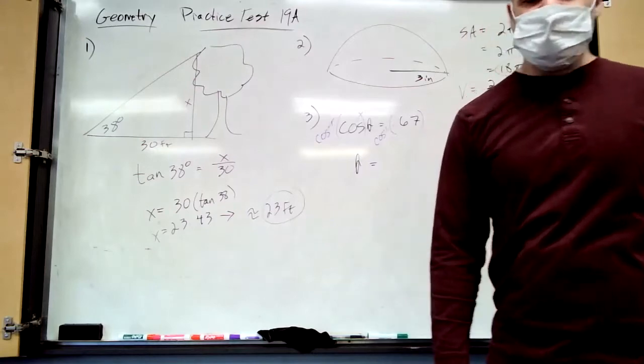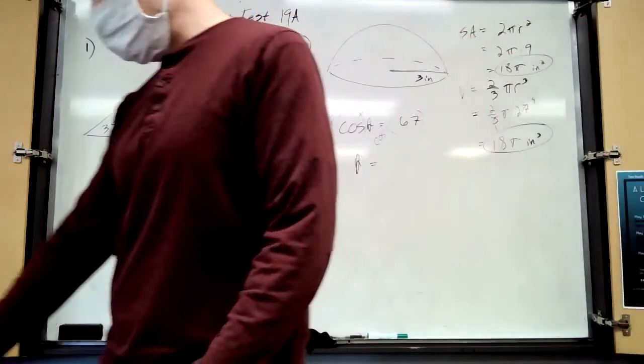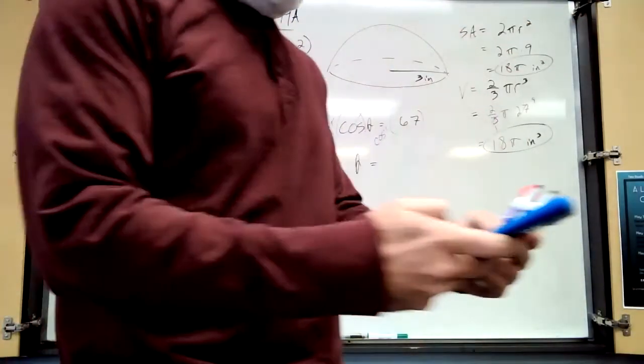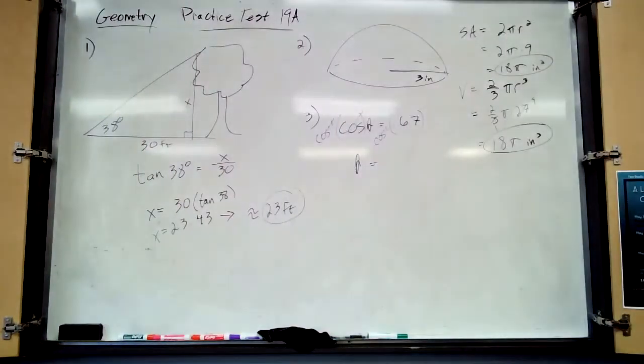Okay, so inverse cosine of 0.67. So I'm going to do this on this calculator. I'm going to hit the second button and then the cosine button. So inverse cosine, so it's cosine of -1 and then 0.67 equals.